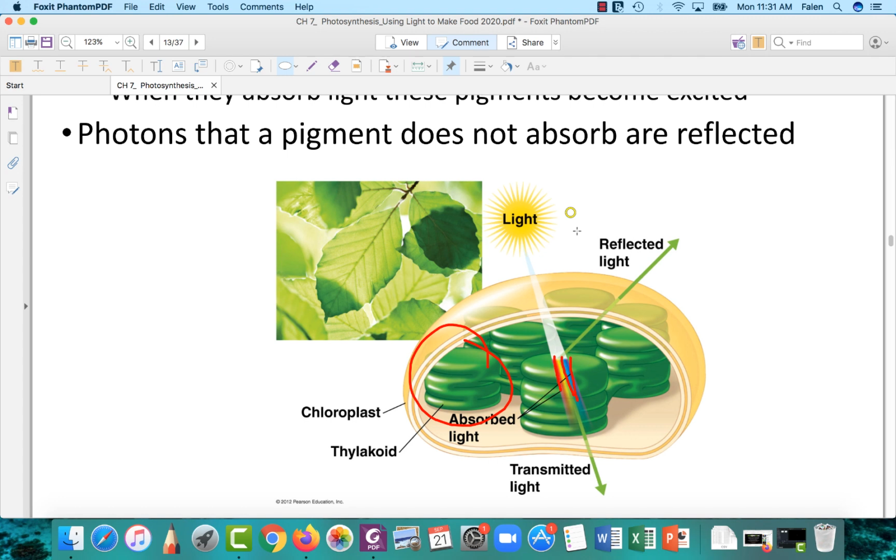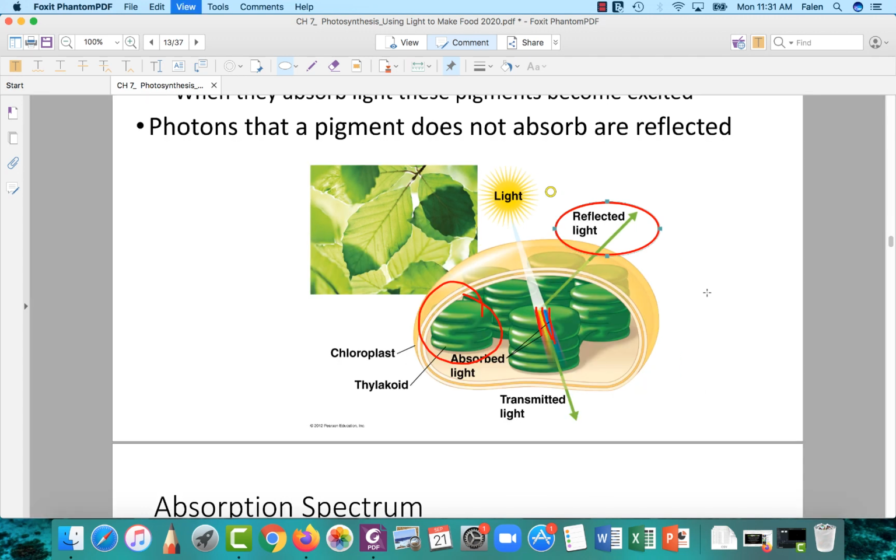Each pigment absorbs a different color, but the reason they're green is because they reflect green light, and we can see that. That's what makes plants green.